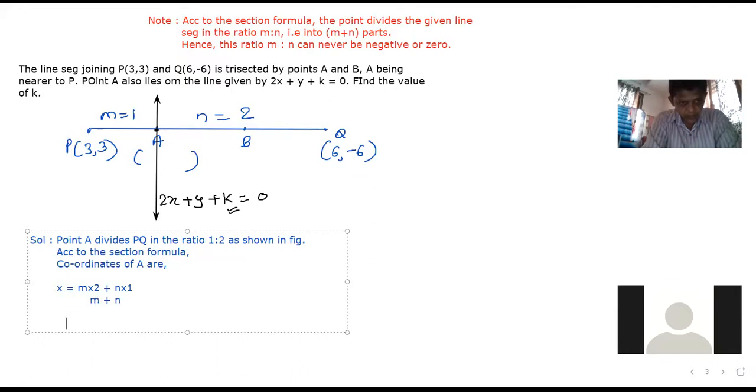Put the values: 1 into 6 plus 2 into 3, divided by 1 plus 2. So 1 times 6 is 6 plus 6, divided by 3. 12 upon 3, 4. So x is equal to 4.